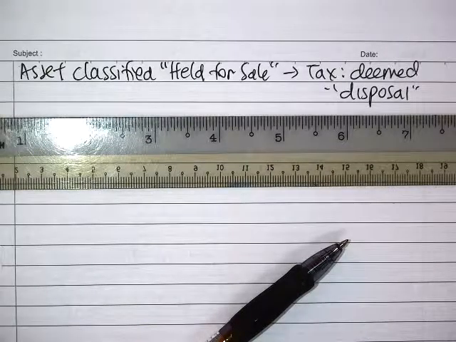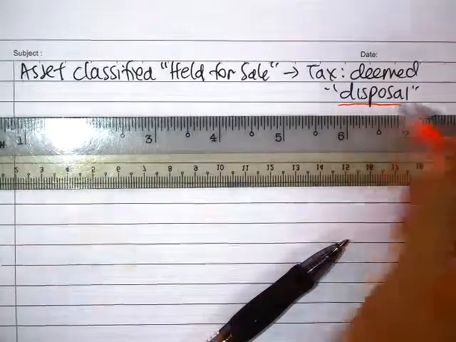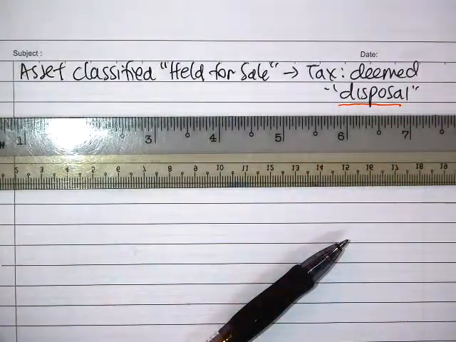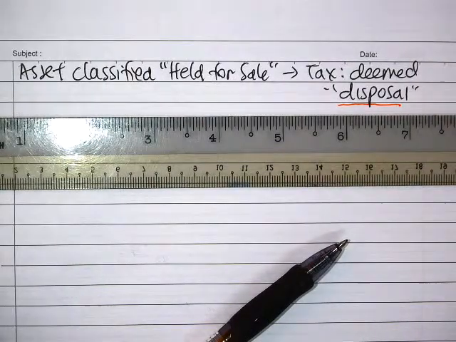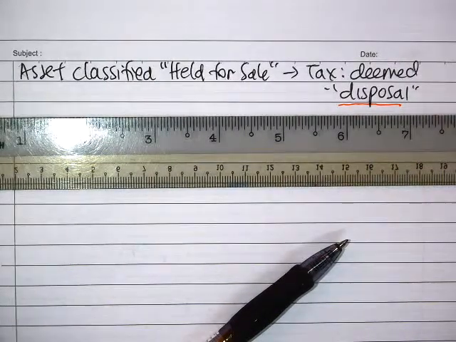Now, when you deem that there's a disposal, then you will work out BABC, because every time you dispose of an asset, you need to have a balancing allowance or balancing charge. So the question now is, how do you work out the BABC? Because this is not a real disposal, right? It is a deemed disposal.